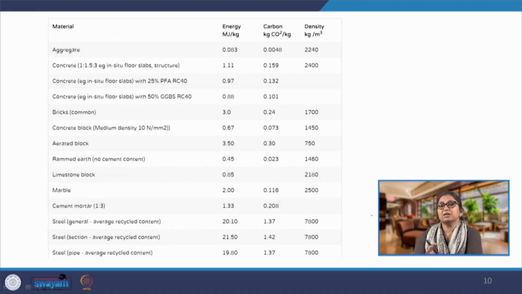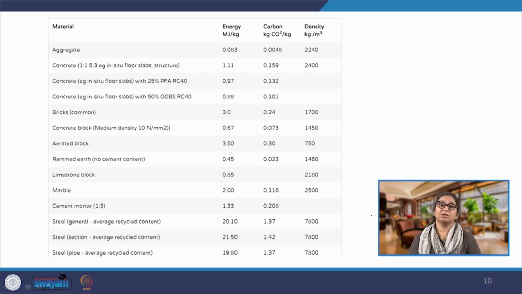There are several databases which are available in the world today, and these values will also vary from country to country depending upon the efficiency of the process that is employed for manufacturing a certain material. So, if you look at how bricks are manufactured in India versus how bricks are manufactured in UK, you would see that the numbers would vary.